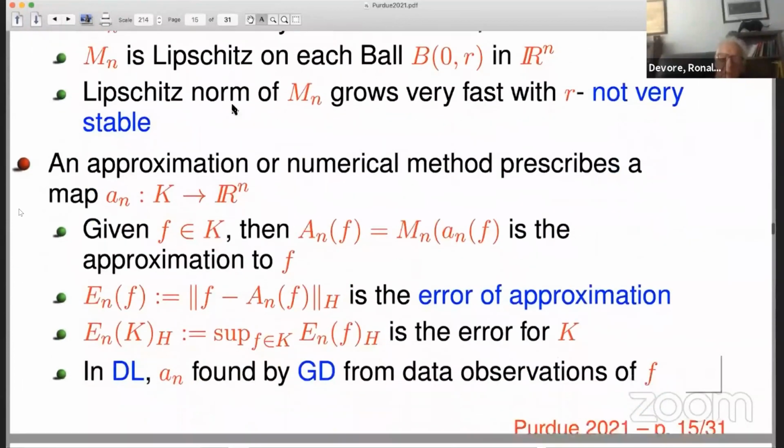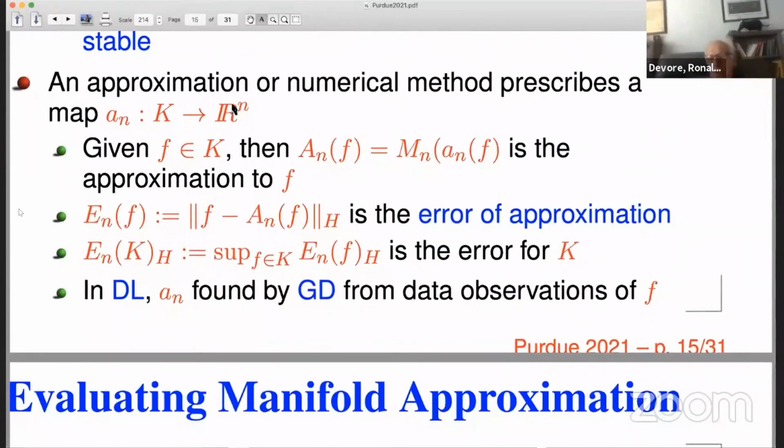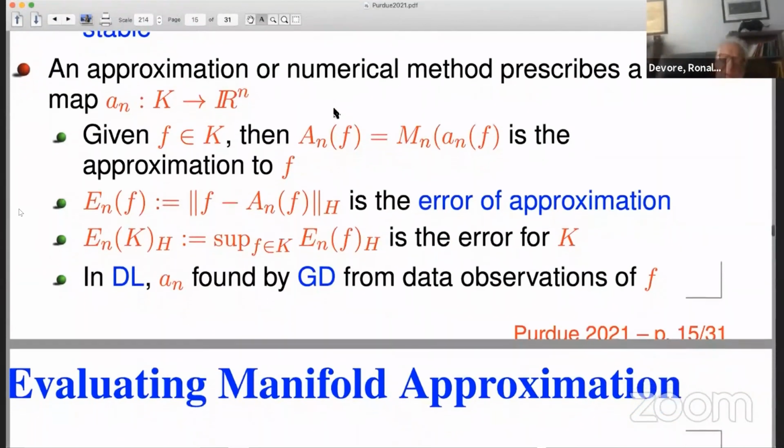Now, what is an approximation method? In deep learning, you use gradient descent or stochastic gradient descent to decide what the parameters are. And so the approximation component is how do I find, given F, the parameters for F?